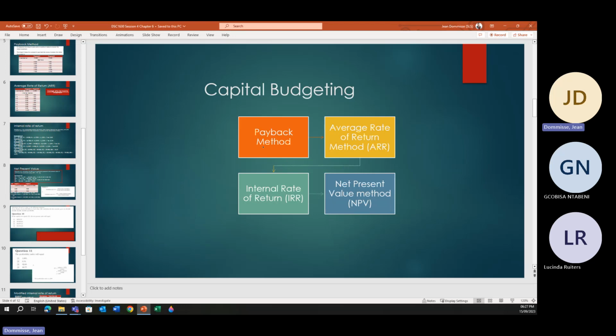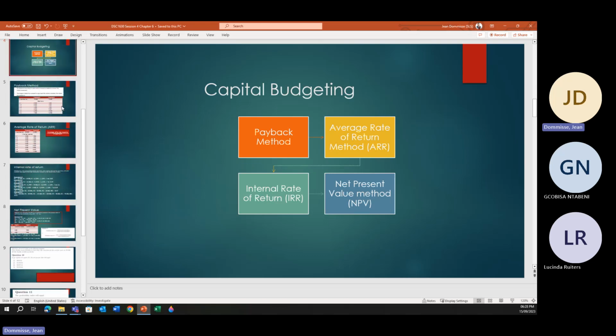I'm going to show you how we calculate that. If by fluke it comes in one of your assignments or exam, then at least we have covered it. The average rate of return, internal rate of return, and net present value. So that part of capital budgeting.